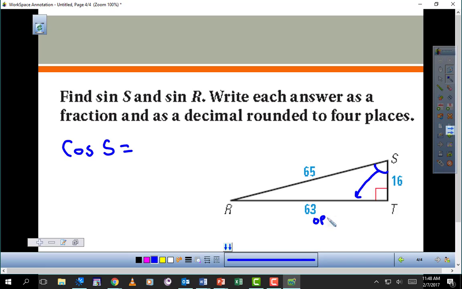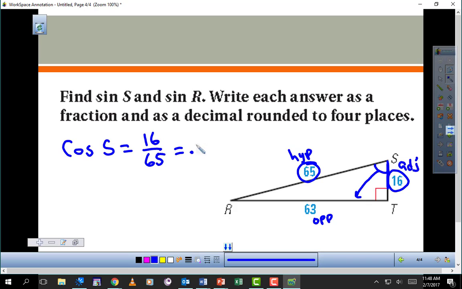We need the side that's actually touching the angle. So that one would use the adjacent side. Once again, this is the hypotenuse. And so the cosine of S is going to be the adjacent side over the hypotenuse. And so we're going to have 16 over 65.